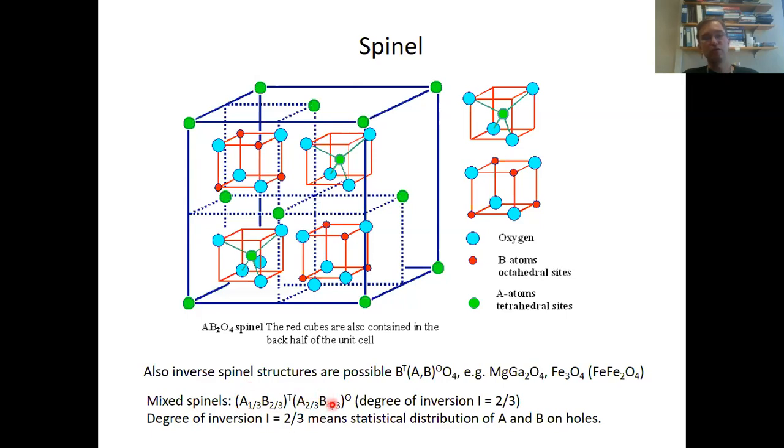Of course, overall, we have to have twice as many octahedral holes filled rather than tetrahedral holes filled. Okay, so now, in other words, when the degree of inversion is actually 2/3, then that means that there's a statistical distribution of A and B over the tetrahedral holes and octahedral holes, respectively.